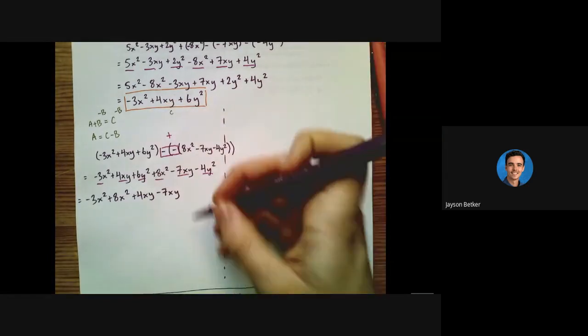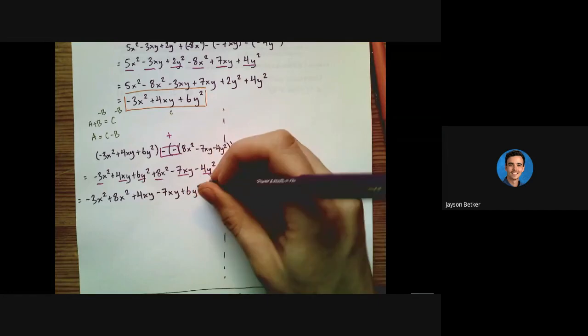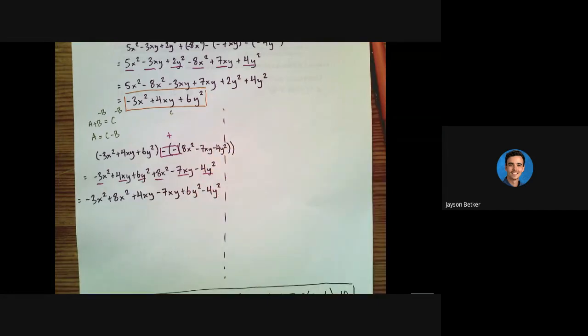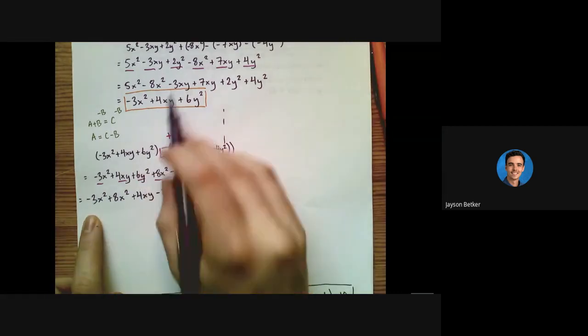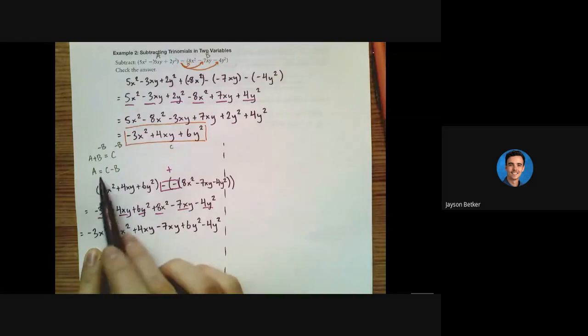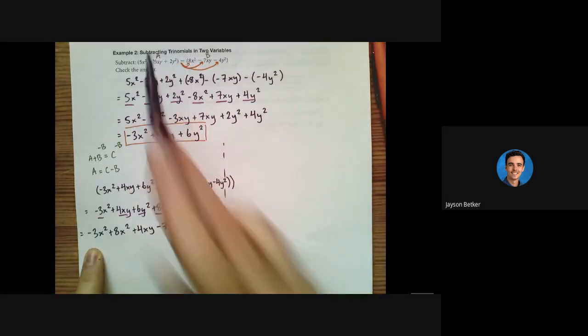And then we'll do our y squareds. Plus 6y squared minus 4y squared. And if I do this, I should get what I got way up at the top here for A, right? We did say that C minus B should be equal to A.